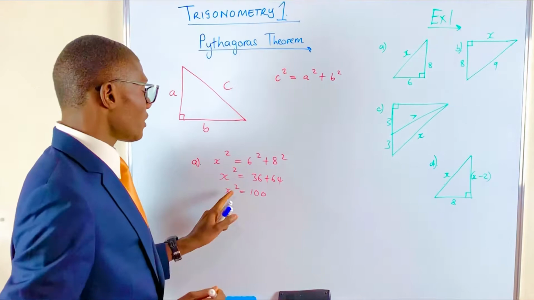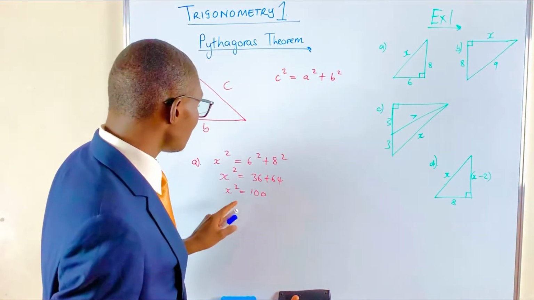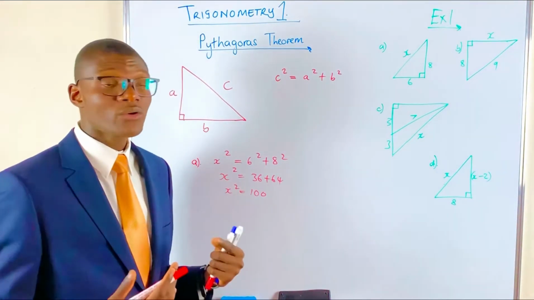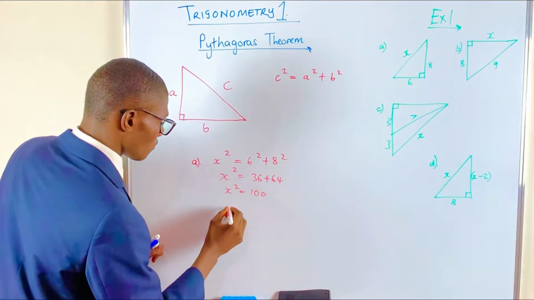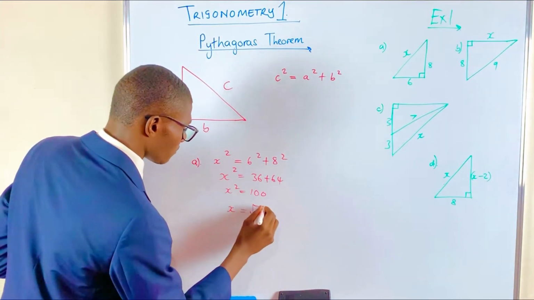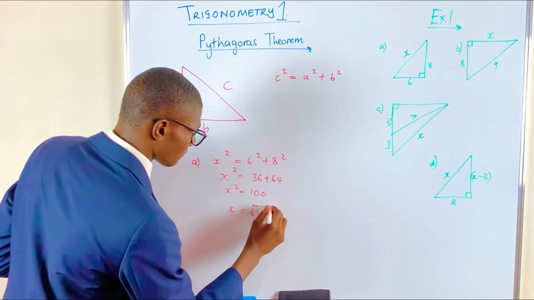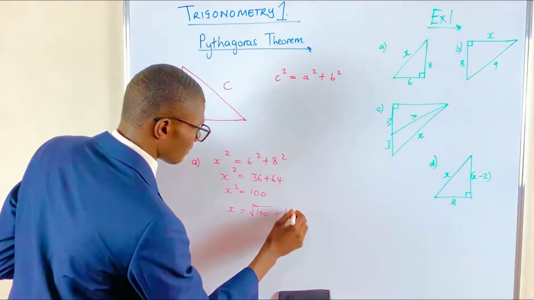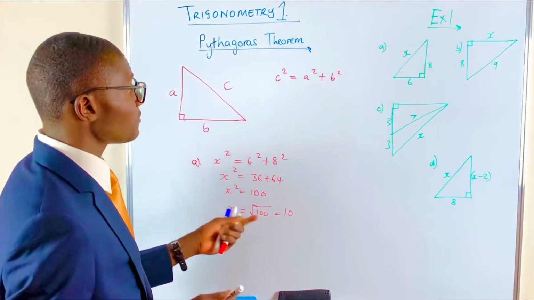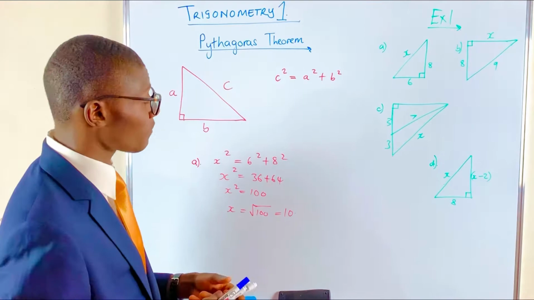Then now, we want x. So getting rid of the square, we square root both sides. So x would be the square root of 100, which is equal to 10. So this is for the first part, part A.